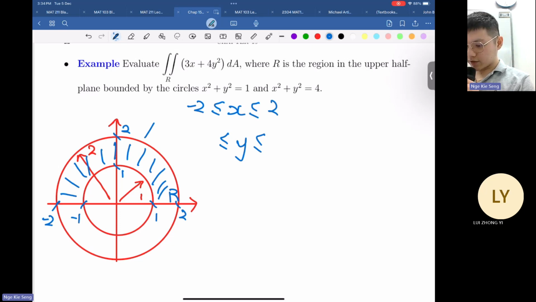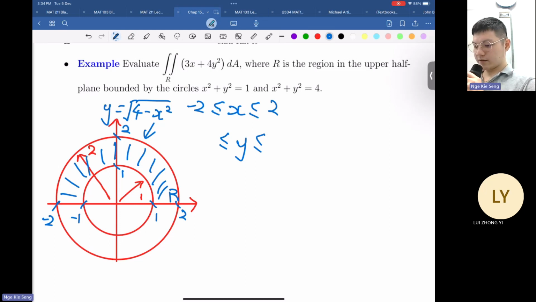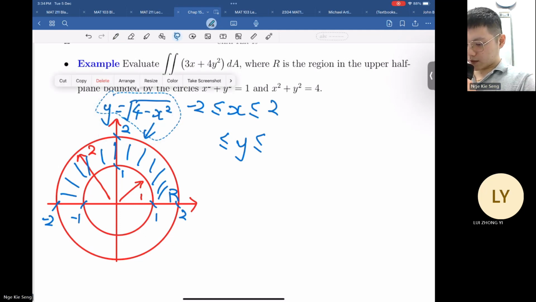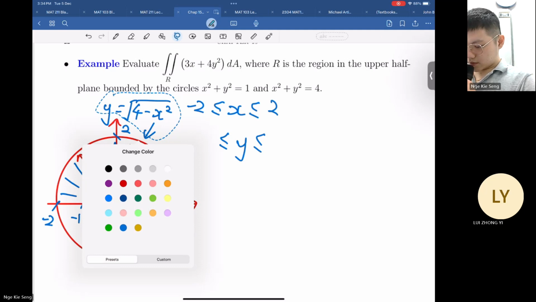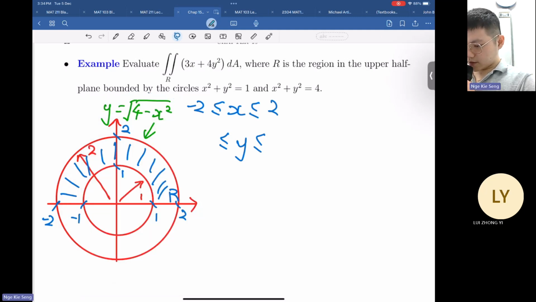So this curve is what? 4 minus x squared equals y squared. This is the outer one. Maybe we use a different color. So this is the outer one.